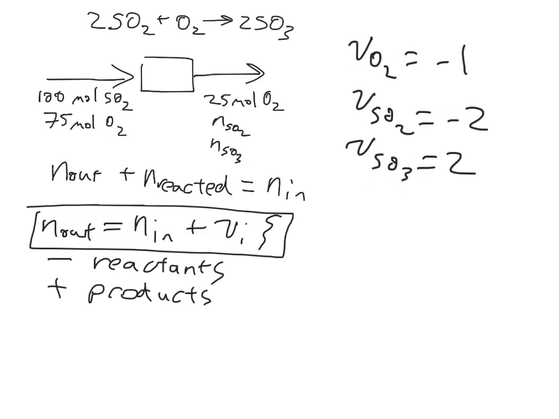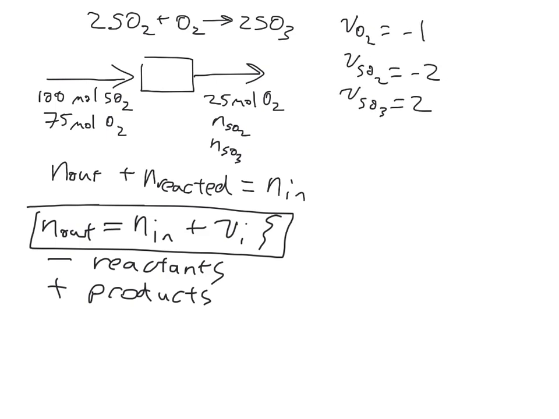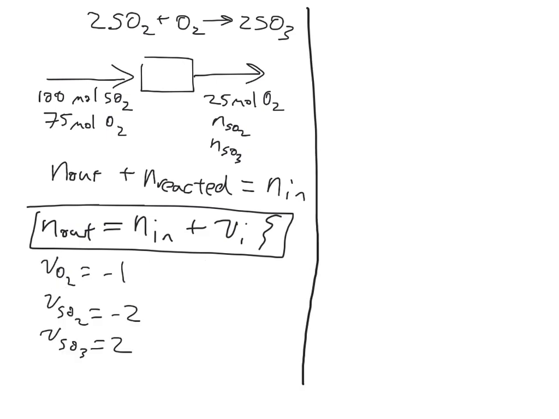So anyways, let's go ahead and calculate what the extent is based off of this information. I'm going to find the extent, and then use it to find out how much is leaving this reactor for all the different species. N O2 out equals N O2 in plus the stoichiometric coefficient times the extent, which in this case is -1 times the extent.